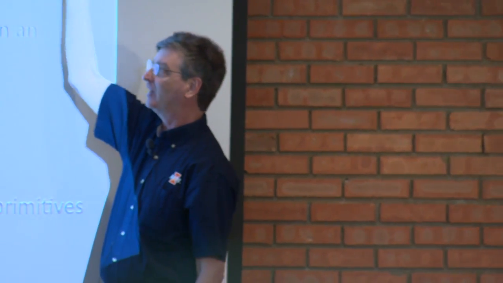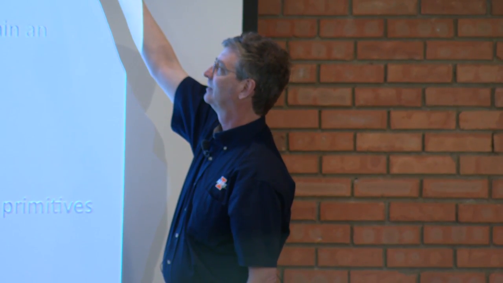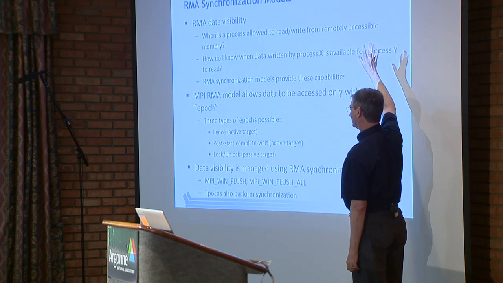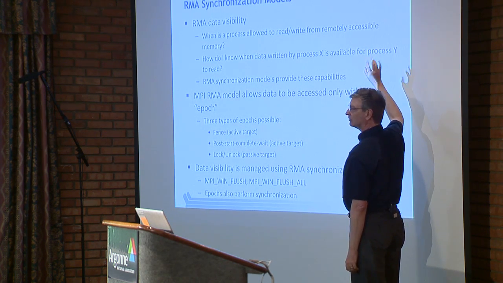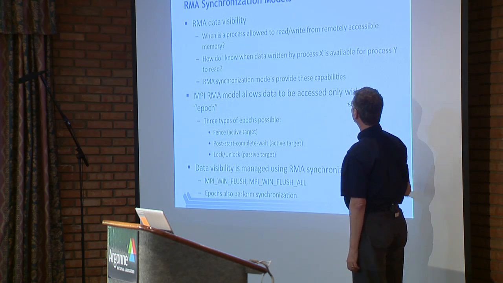You asked, is the non-blocking routine really that non-blocking? It is. And so you have this question of when can I know that the remote memory is okay? When do I know that my local origin buffer is okay?